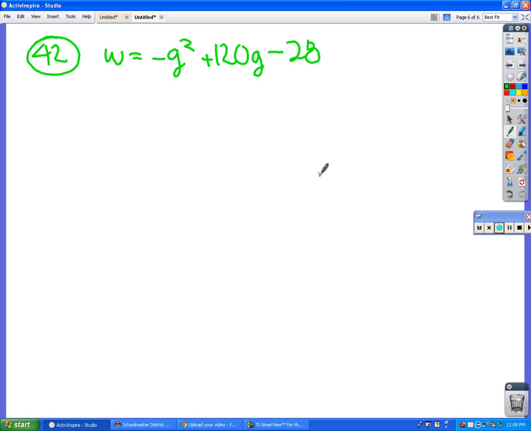All right, 42 says the weekly profit of a company is modeled by the function W equals blah, blah, blah. If the break-even point is when W equals 0, where does the 0 go?